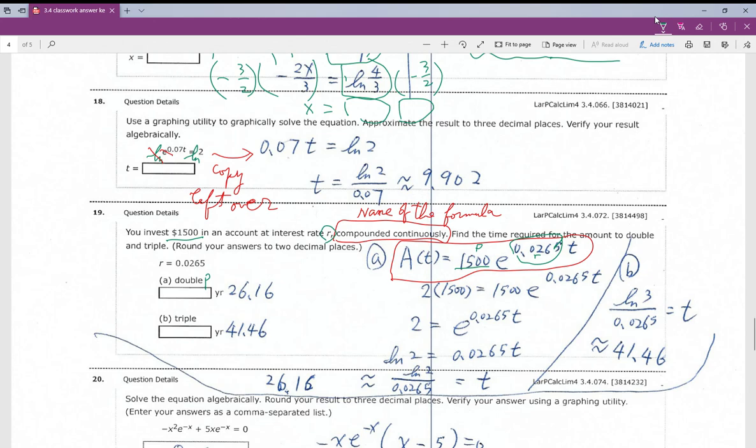So this is 2P here, right? And then triple your principal. I didn't show work for part B. So this is A equals triple the principal, which equals the principal times, and then follow the formula e to the rt.